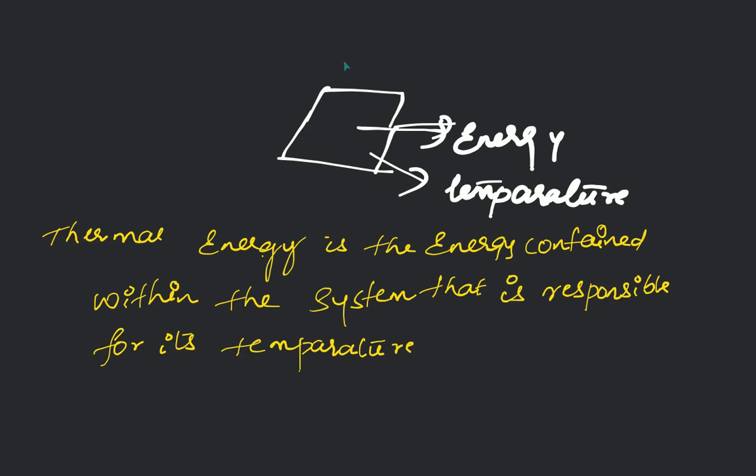So we have many examples for thermal energy, and a simple example is boiling water on a stove. What happens when the temperature is low, the thermal energy will be less.